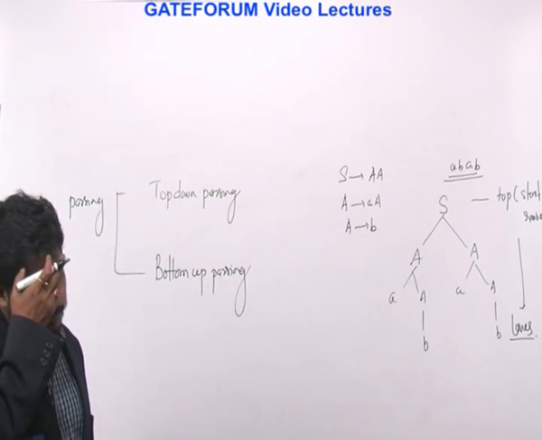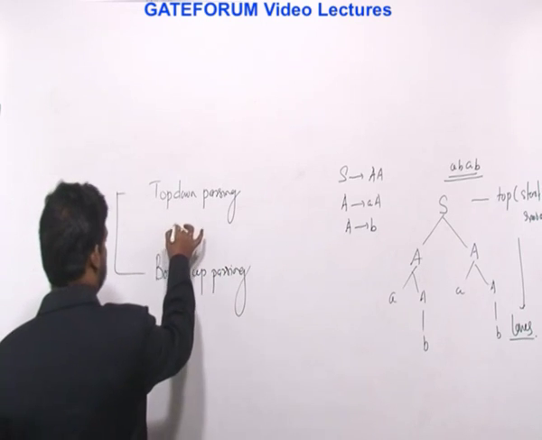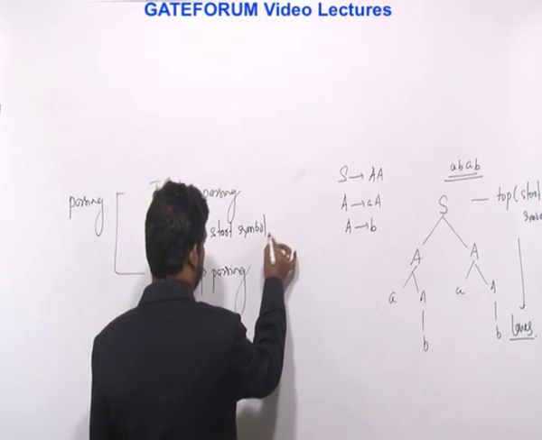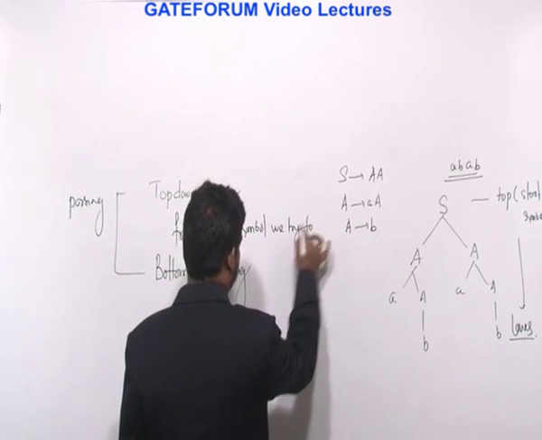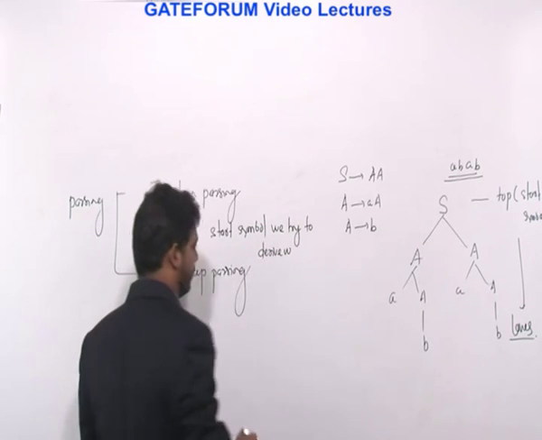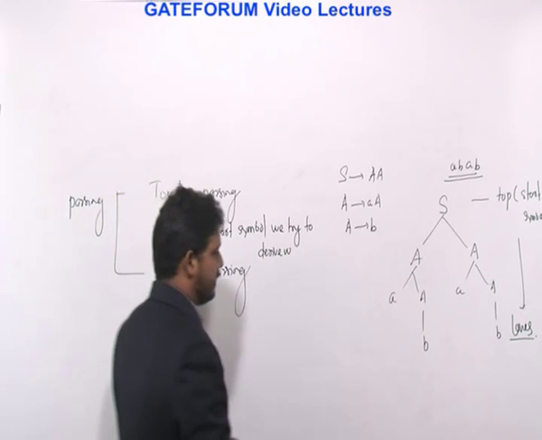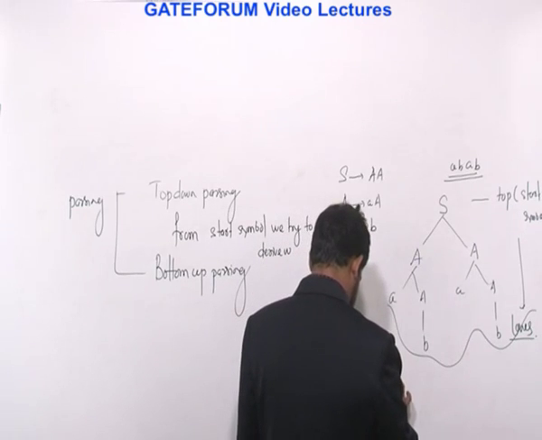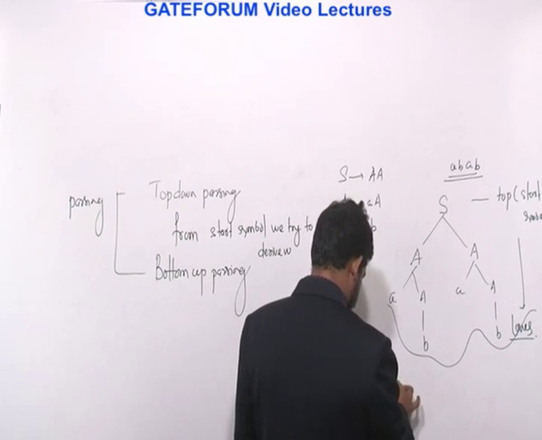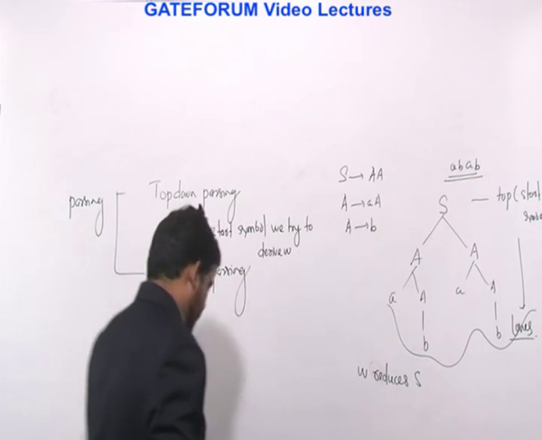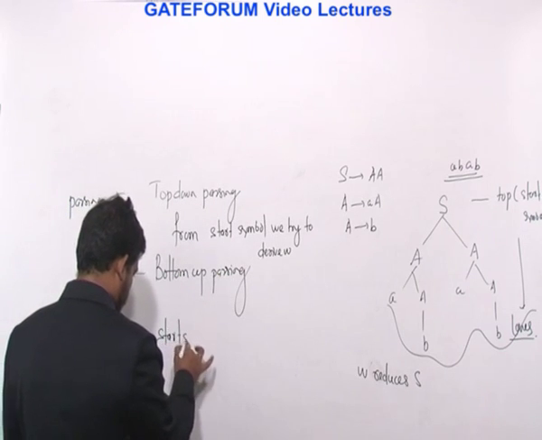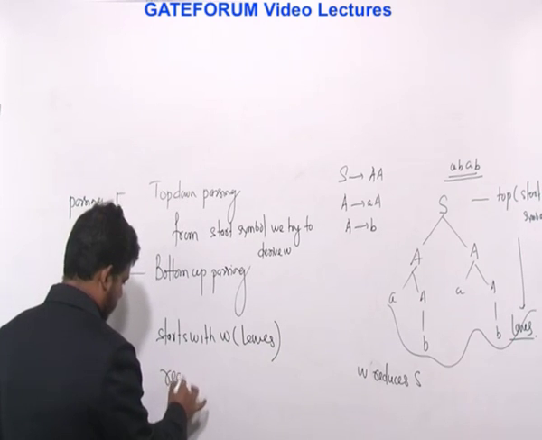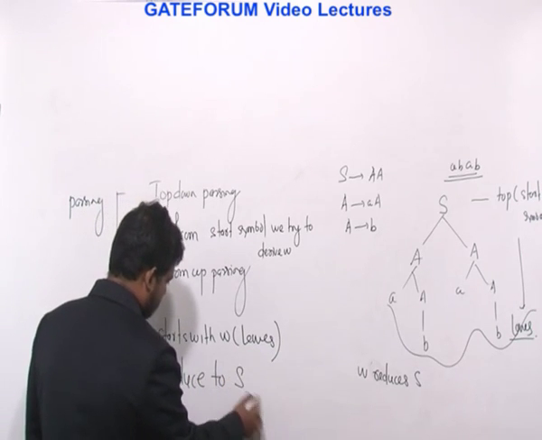From S, the start symbol, we try to derive W. Another thing is that we start with leaves: we start with AB, with W, the leaves, and W reduces to S. Bottom to top. Start with leaves and reduce to S.